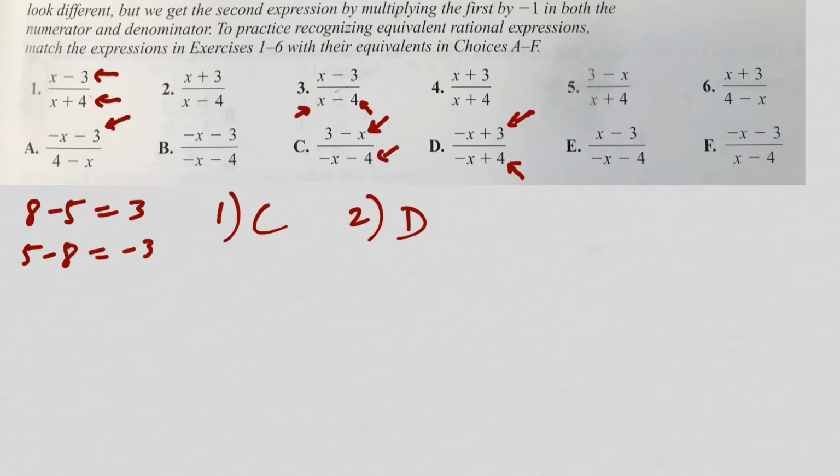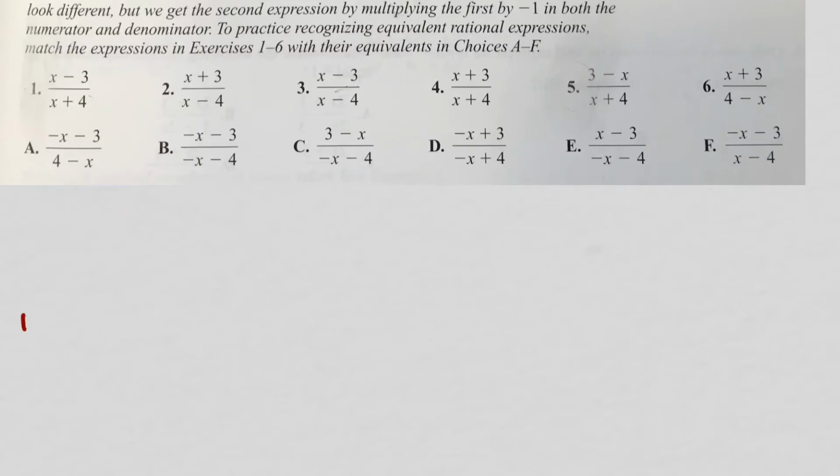Okay, number 3. Okay, number 1. Here we have x minus 3 on the top. And what I'm looking for is the opposite of that. And as I look through here, 3 minus x is the opposite of x minus 3.